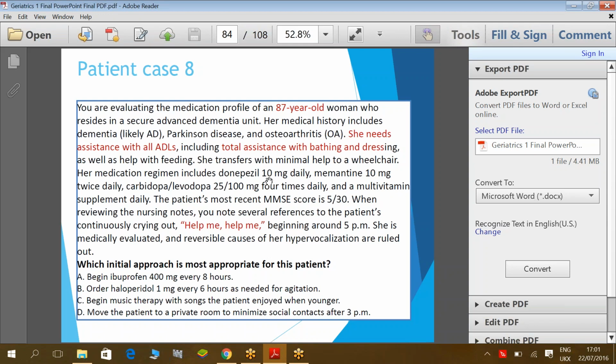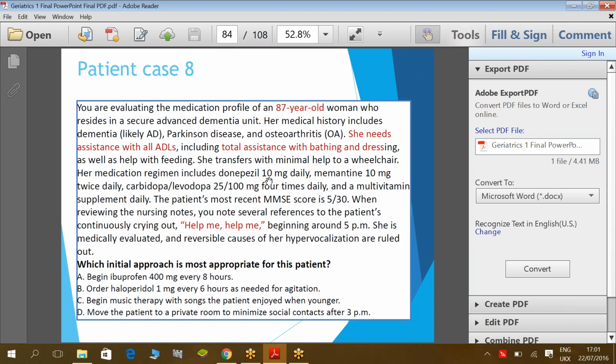Her medication regimen includes donepezil, memantine, carbidopa, levodopa, and a multivitamin supplement. The patient's most recent MMSE is 5/30. It's a severe case. When reviewing the nursing notes, you see several references to the patient continuously crying out, help me, beginning around 5 p.m. She is medically evaluated and reversible causes of hypervocalization are ruled out.